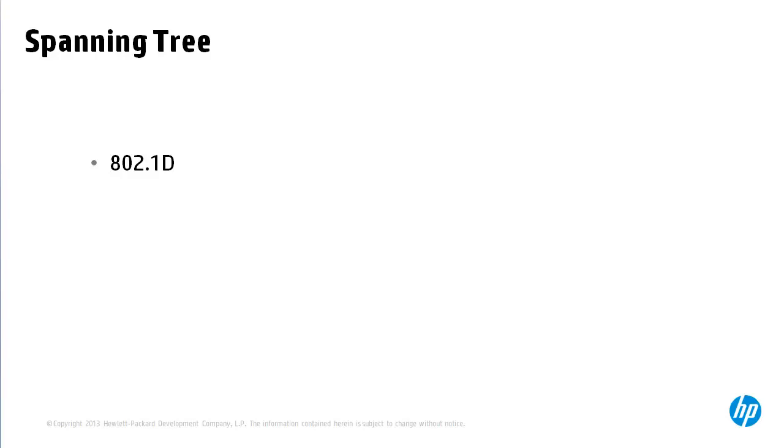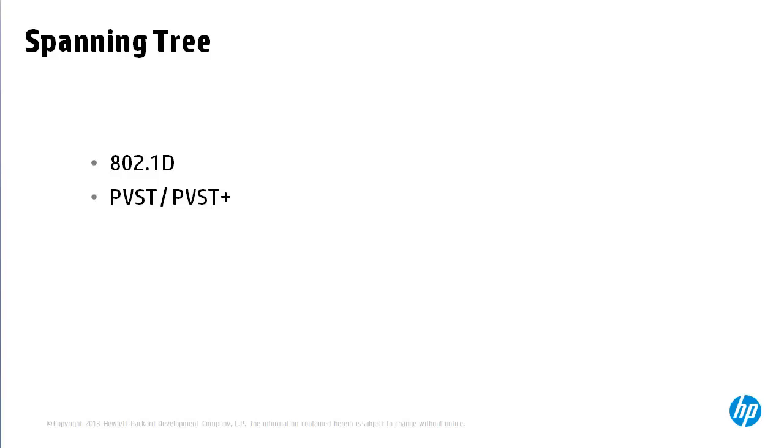So 802.1d is the original version of spanning tree, and in this first video, I'm going to explain the basics of 802.1d. I'll also mention some of the other spanning tree implementations, but in the second video, we'll discuss them in more detail. Cisco developed Per VLAN Spanning Tree, or Per VLAN Spanning Tree Plus, to try and enhance 802.1d.